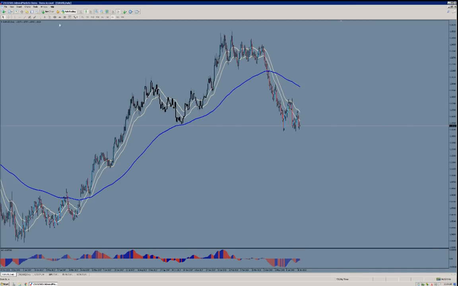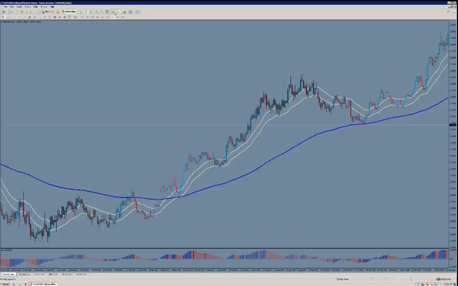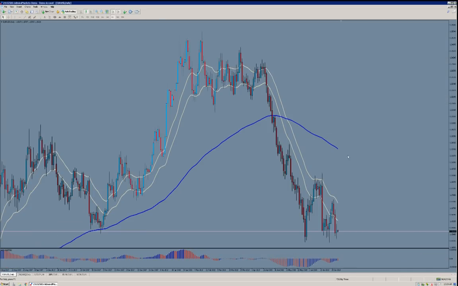I'm looking at the moment at the euro dollar, and this blue line, for example, I've specified the period to be 144. What that means is that it takes the 144 candles from the last closed candle backwards and plots an average value based on an average of all of these prices where they've closed.